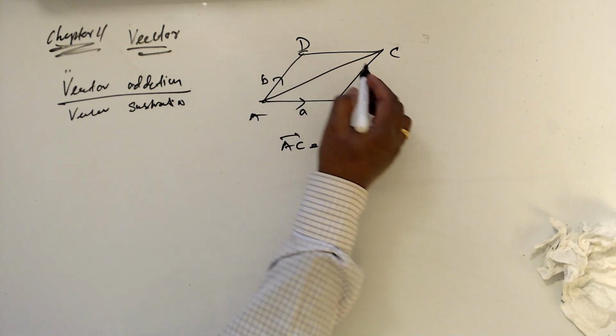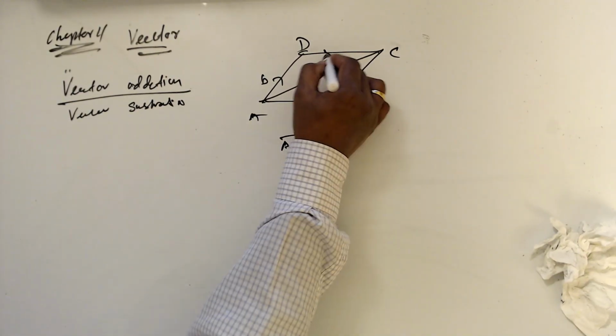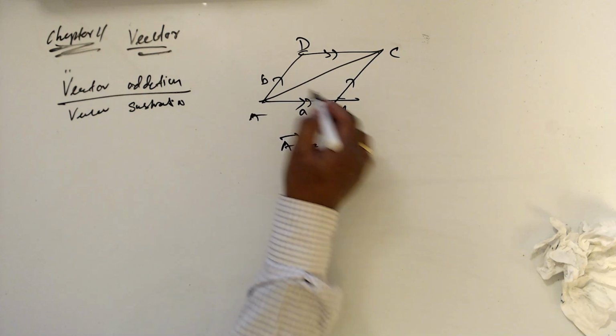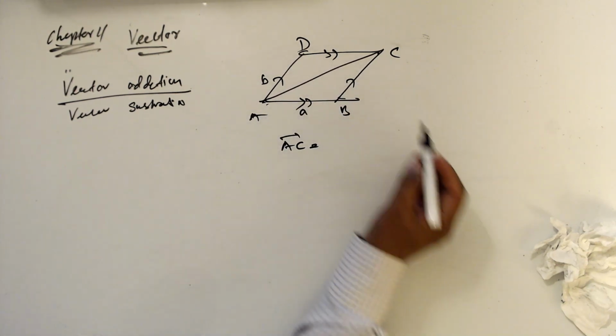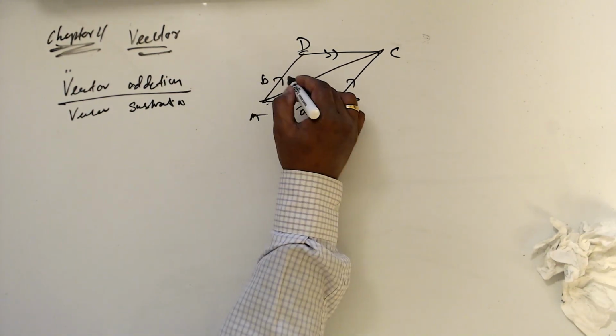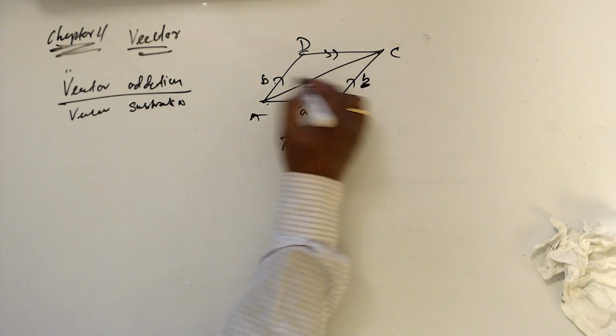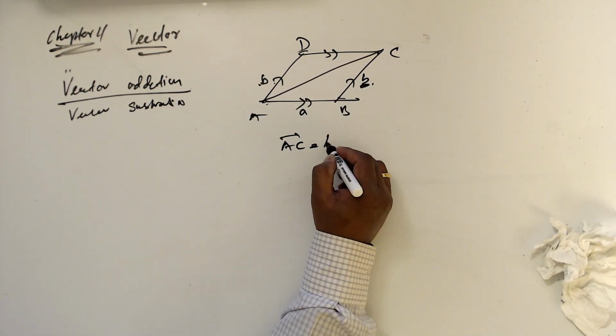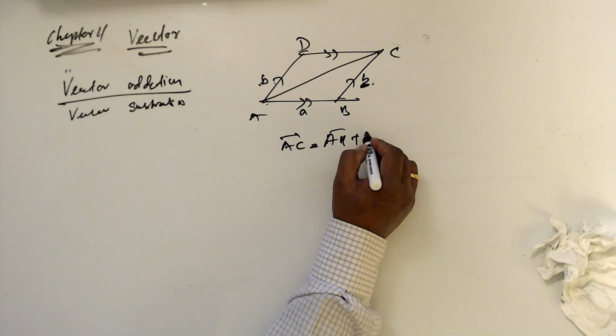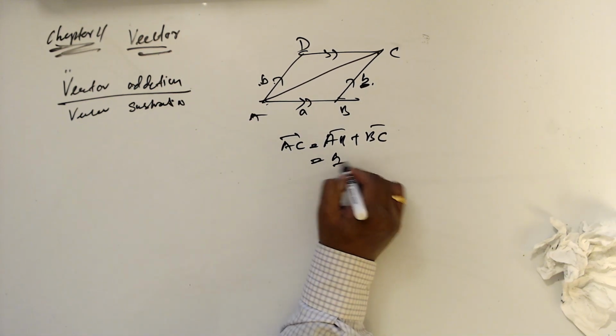This is a parallelogram. What is AC? This is B, and this is equivalent to B as well. AC means AB plus BC, which is A plus B.